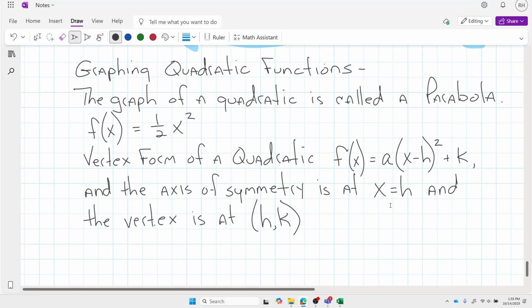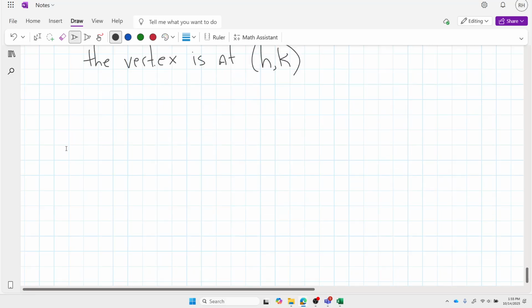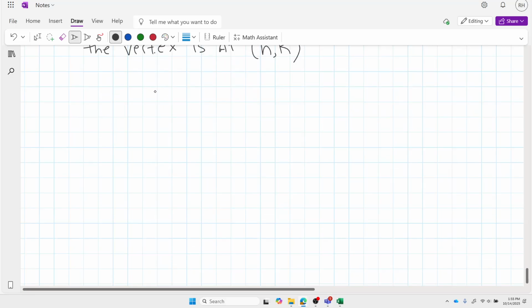So what that means is, this is the shape of a parabola. All right, basic shape of a parabola. This point right here, in this case, it's at the bottom. All right, this is your vertex. The vertex of a parabola can either be at the bottom or at the top. In this case, it's at the bottom.